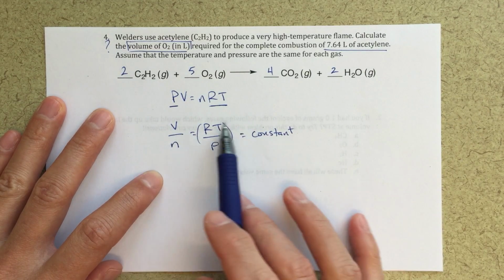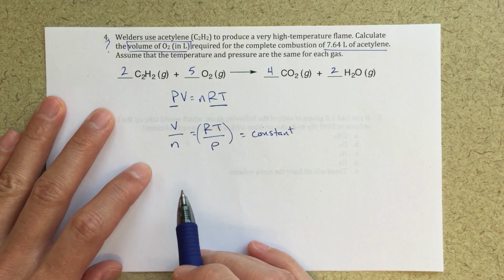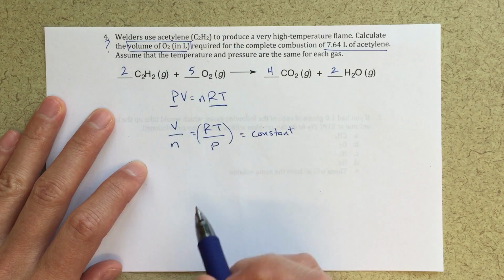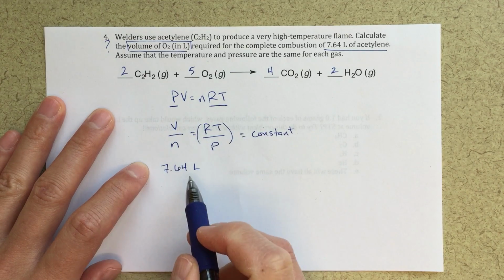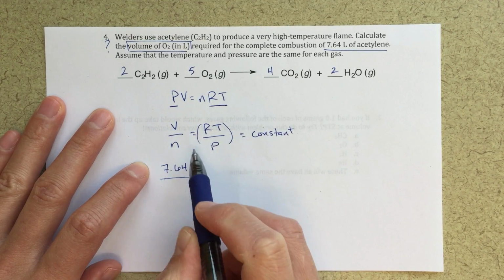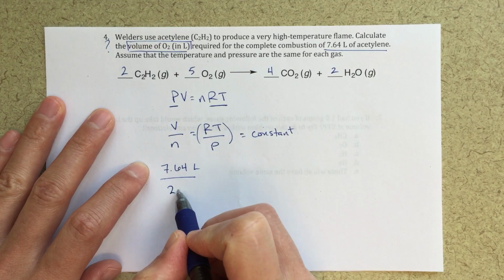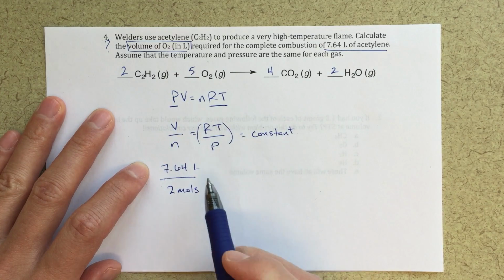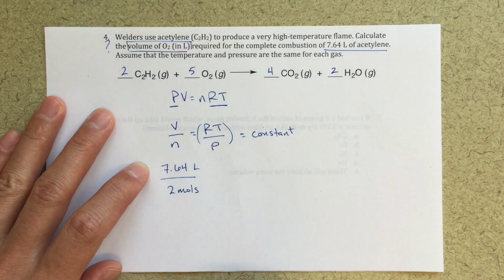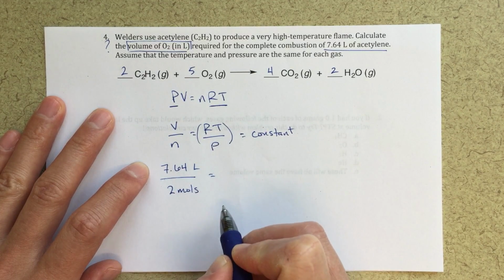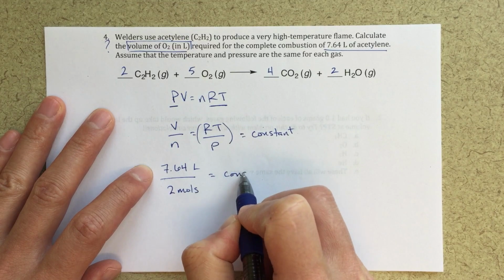So this is a derivation of Avogadro's law, and what I can do then is say, if I have 7.64 liters of acetylene and I divide that by the 2 moles here, let's assume that we've got 2 moles and 5 moles. That will help us solve this problem, and that will equal a constant.